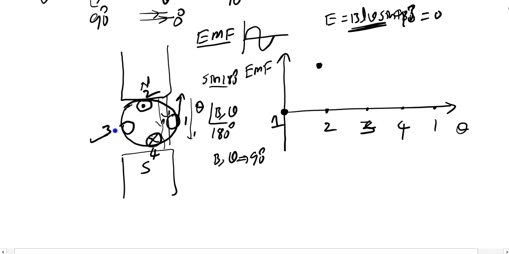Again come to the third point here. During this rotation, my conductor now reaches the third position. At this moment my EMF is again 0. And coming to the fourth position, again my EMF is maximum, isn't it?